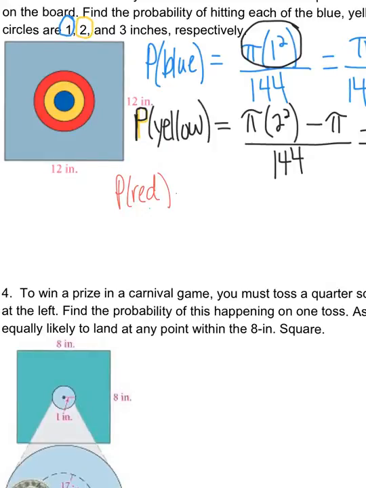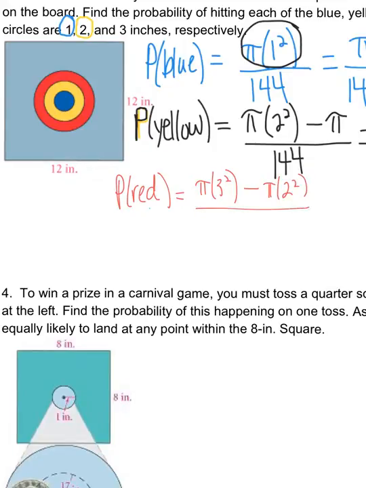The area of the red circle has a radius of 3 inches, so that's pi 3 squared minus, now I want the area of the circle that looks like it would be yellow, and I need to use that radius, so I've got pi 2 squared.